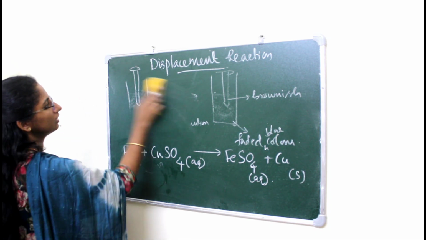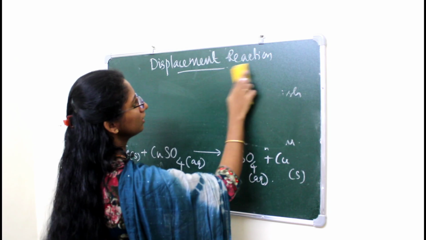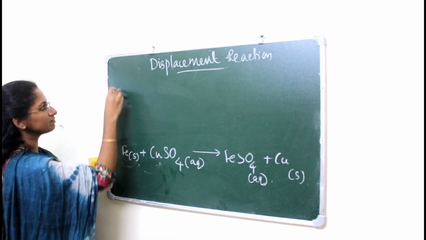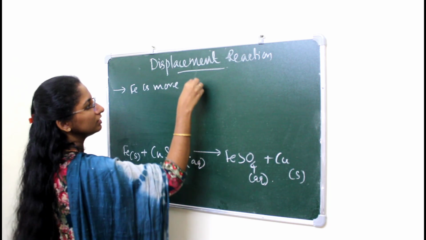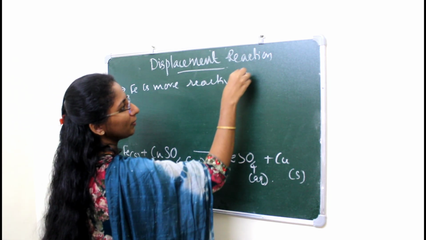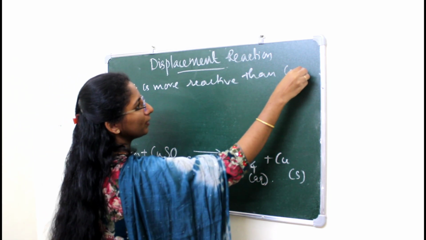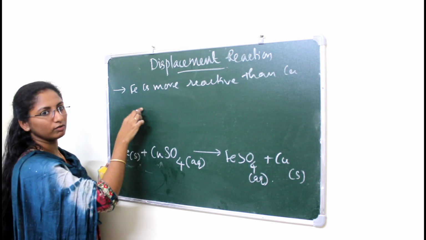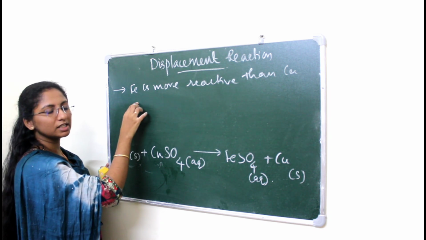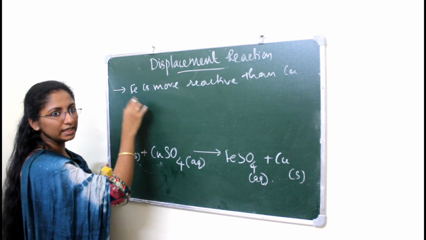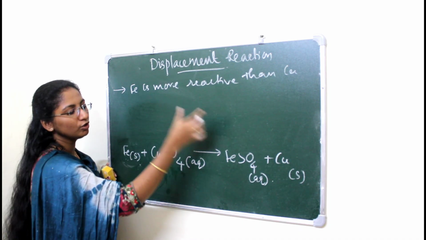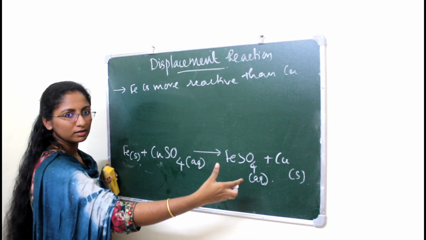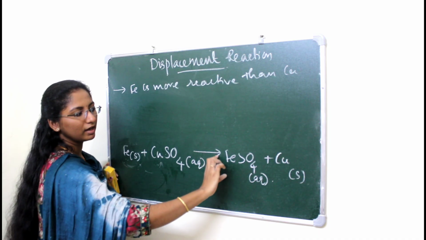Okay, so we can say that iron is more reactive than copper. So this more reactive metal or more reactive element displaces the less reactive element from a compound to form a different product.